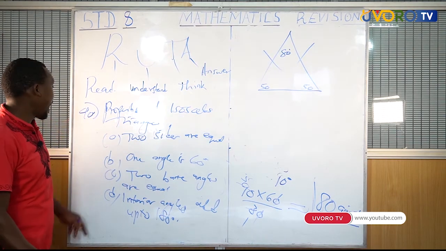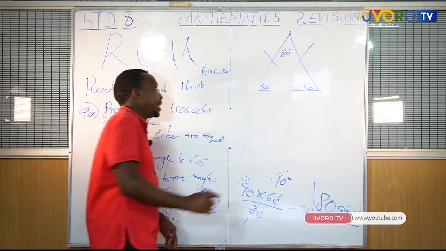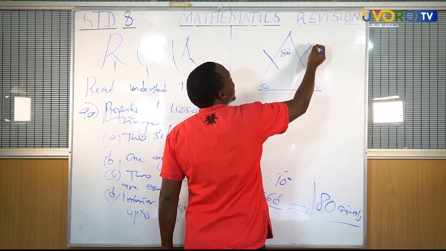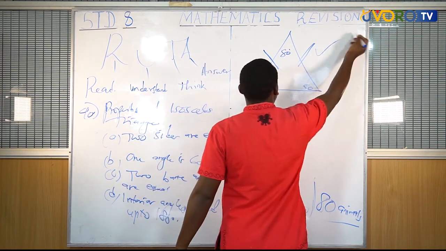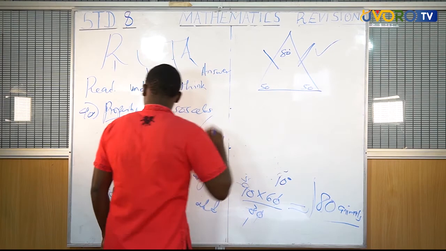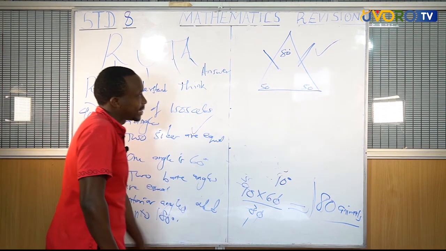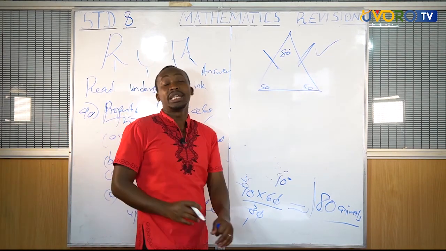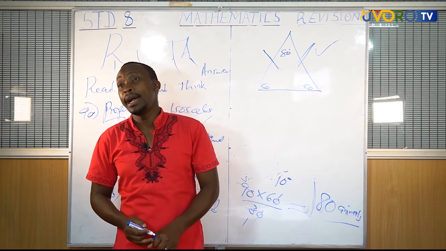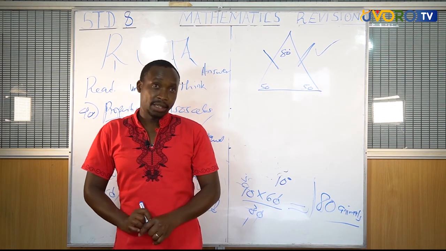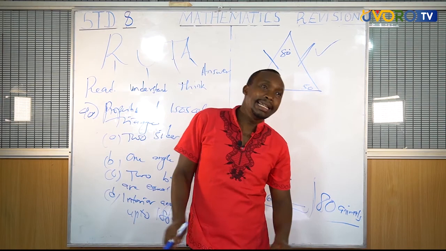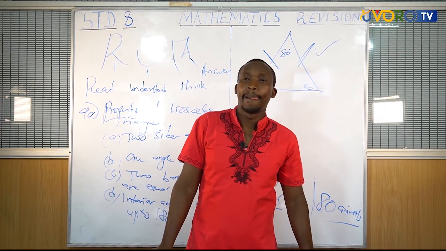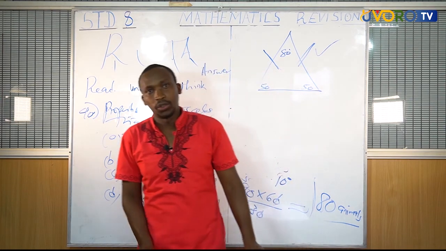Two sides are equal for A. This side and this side, they are equal. Correct. One angle is 60 degrees. Can you see 60 degrees anywhere? Which triangle has 60 degrees? Equilateral triangle.